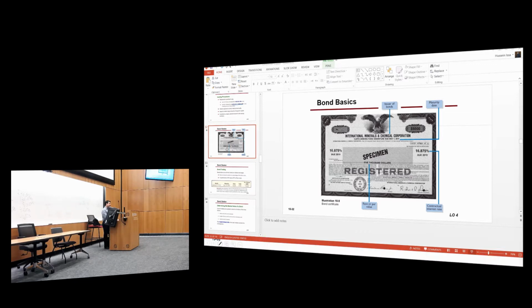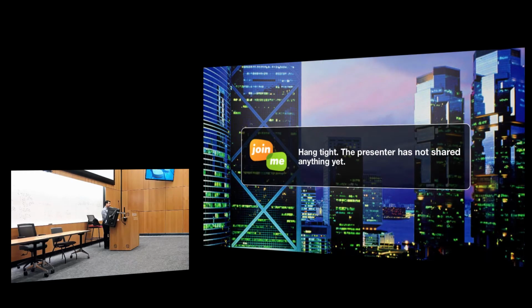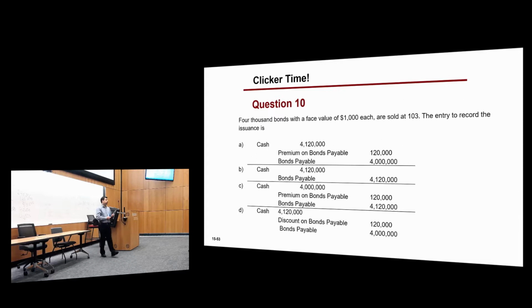If the company sells it at less than 100, the company is actually issuing those bonds at a discount. If it is more than 100, it will be at a premium. So when the company sells, first you need to look at this one here.